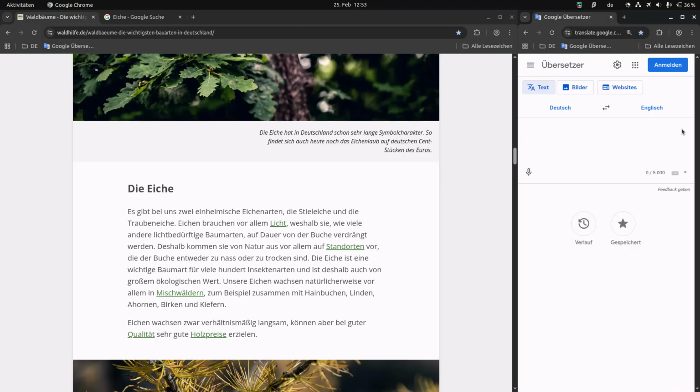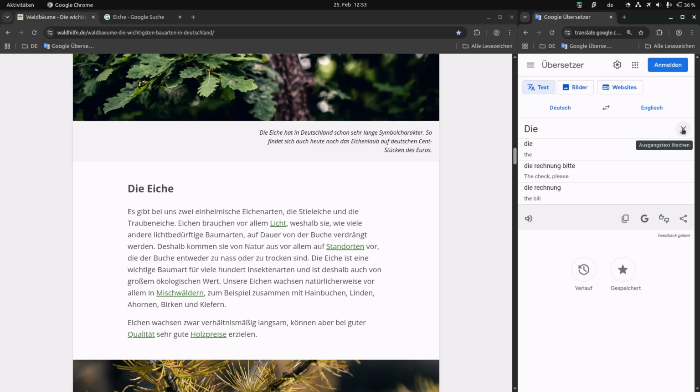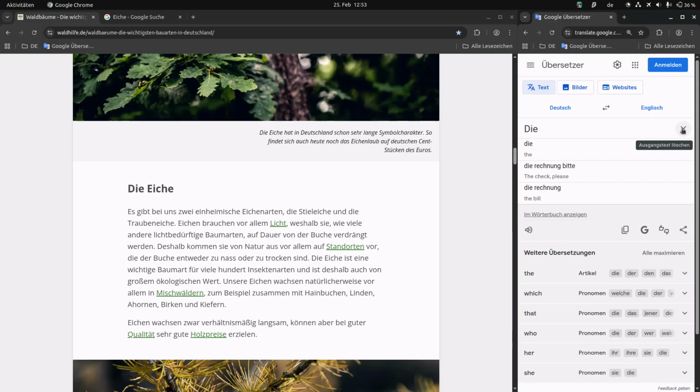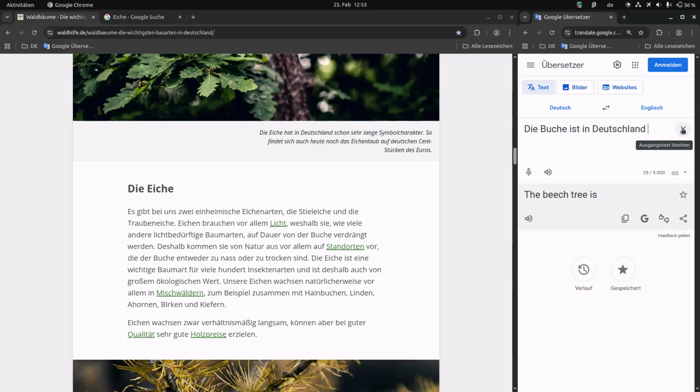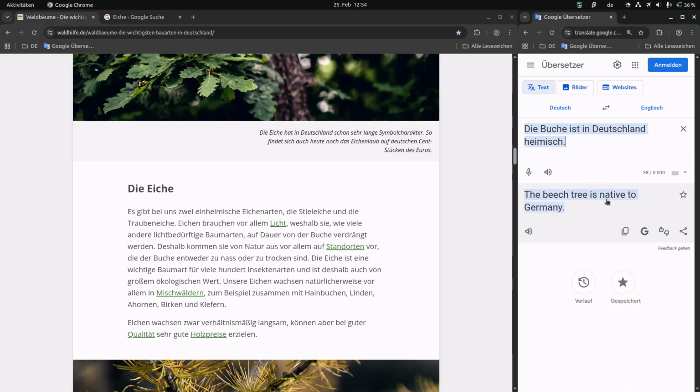For example, die Buche, you always have to connect that to a place. Buche ist in Deutschland heimisch. It is like a home or native, basically, or its home lies in Germany. The beech, die Buche, is in Deutschland, Germany, heimisch. So home to, native to, you could rather say native to.